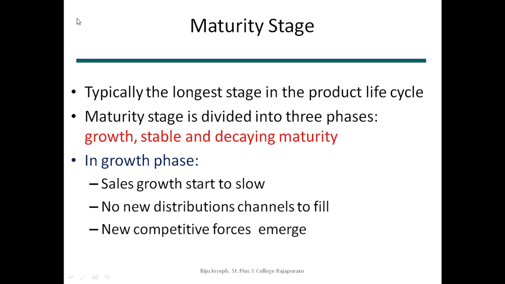And as a continuation of growth stage, new competitive forces will be emerging here also.